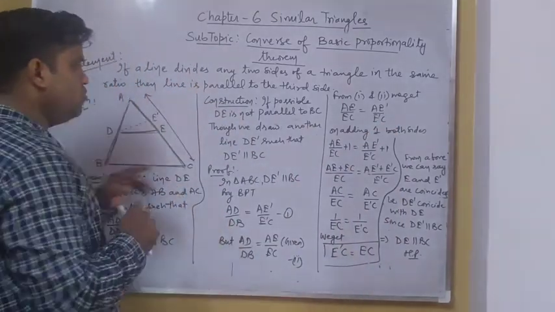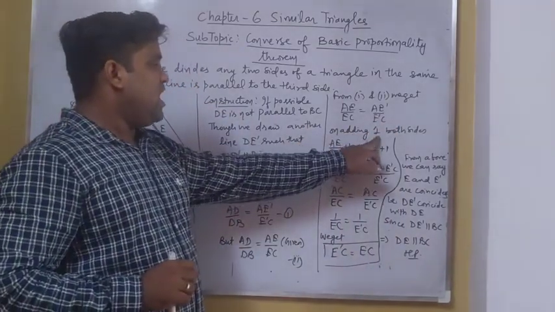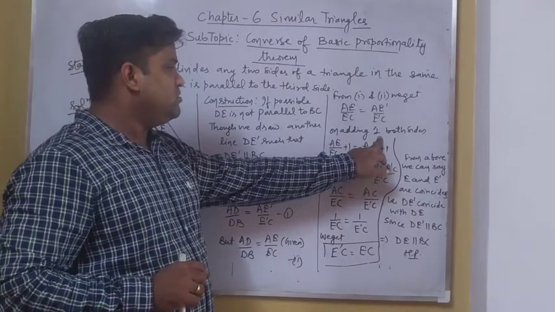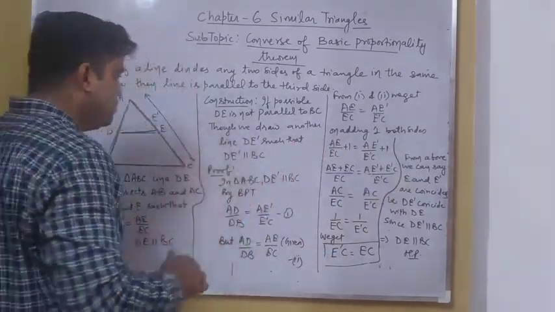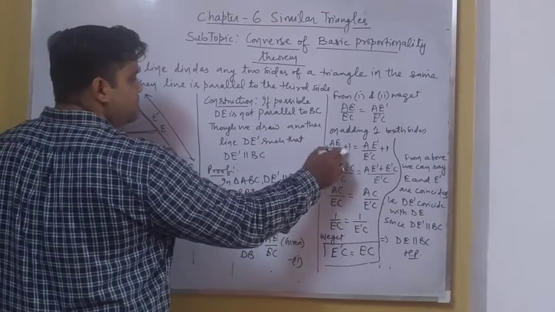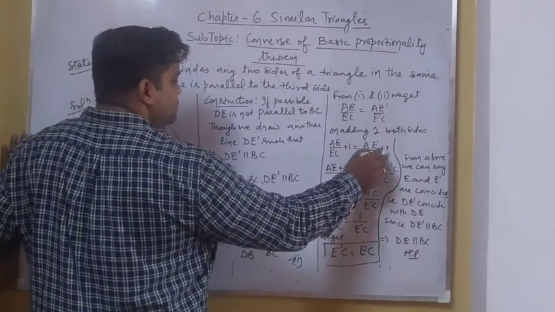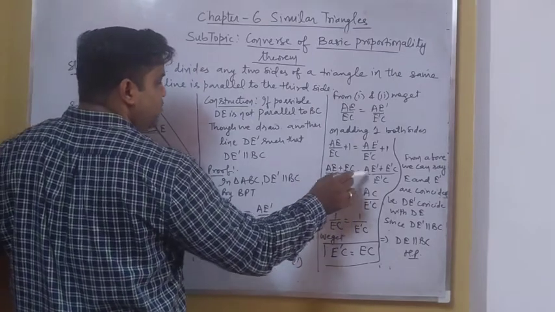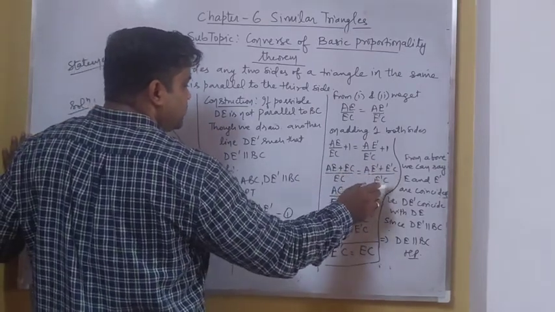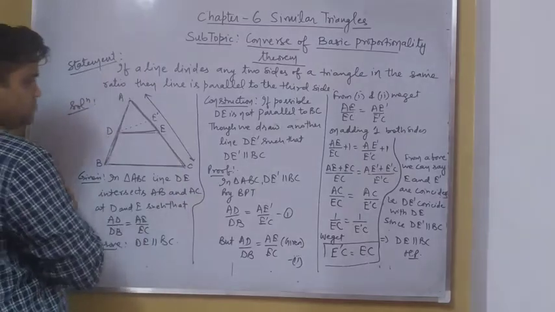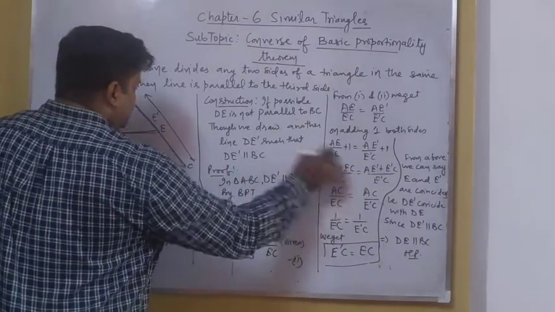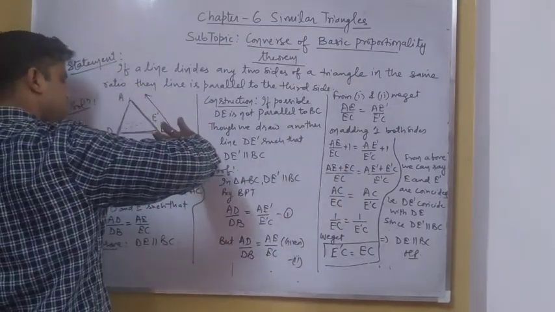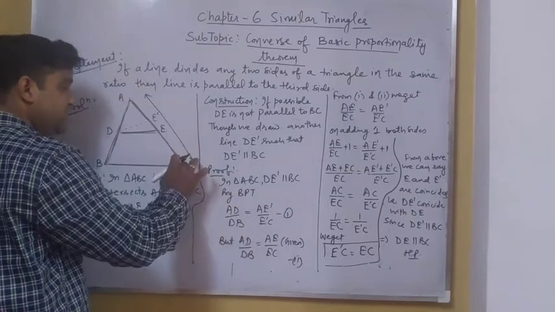Now here we add 1 on both sides. So AE upon EC plus 1 equals AE dash upon E dash C plus 1. On taking LCM, we get (AE plus EC) upon EC equal to (AE dash plus E dash C) upon E dash C. Here AE plus EC is equal to AC.